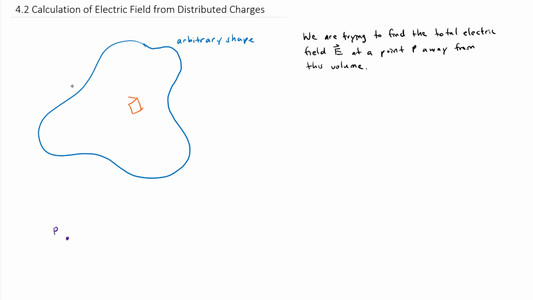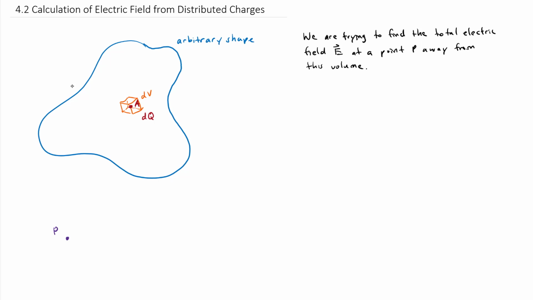We have this cube-like shape, or a section of the volume, which we'll call dV. And this dV has a charge dq, and it is at an arbitrary point A on the shape.